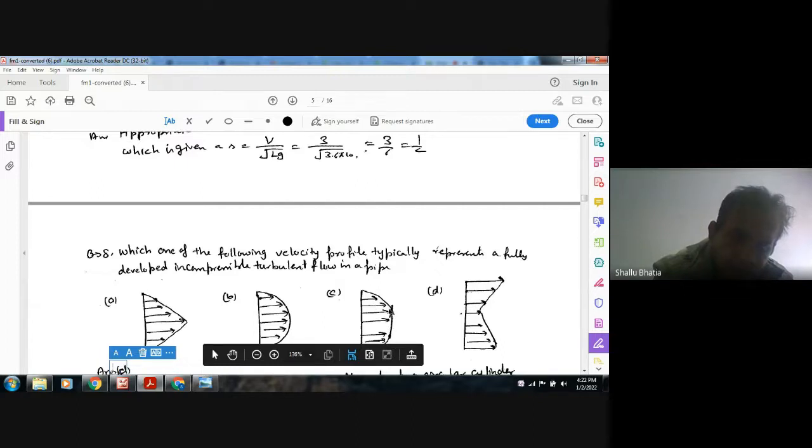And in this range the velocity is maximum. Okay. Note that at the boundary it is zero. Okay. So it is like this. So in case of laminar flow, the velocity profile looks like this. Velocity is maximum at middle.